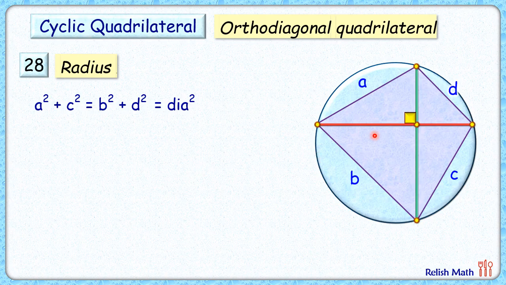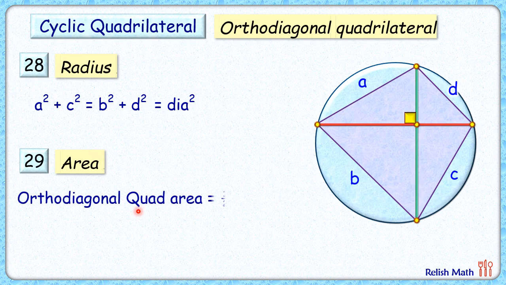And if you are interested in the area of this ortho-diagonal cyclic quadrilateral, the area of a general ortho-diagonal quadrilateral is given by half of d1 times d2. That is, for any quadrilateral whose diagonals are perpendicular to each other, its area will be this. It can be a kite or a rhombus or a square or any quadrilateral.